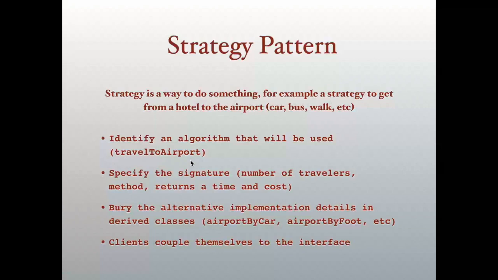You just go to the terminal. I'm really simplifying this, but the idea is that anybody using the strategy is just going to work off of that parent class. And then the implementation details implement a specific instance, in this case airport by car, airport by foot.